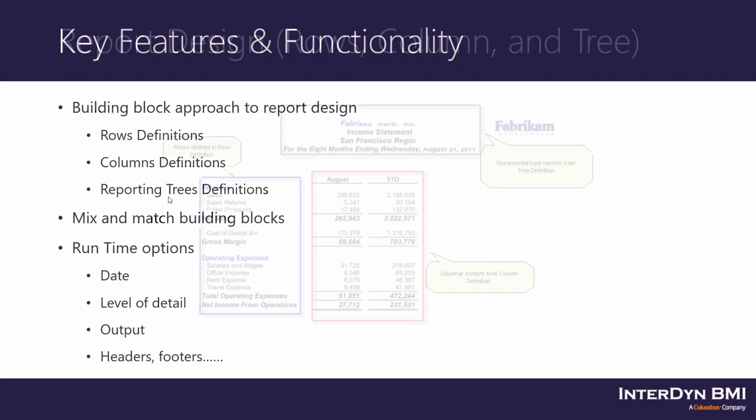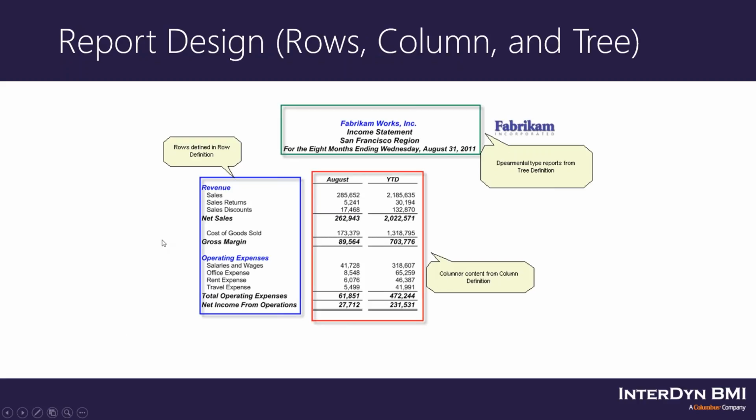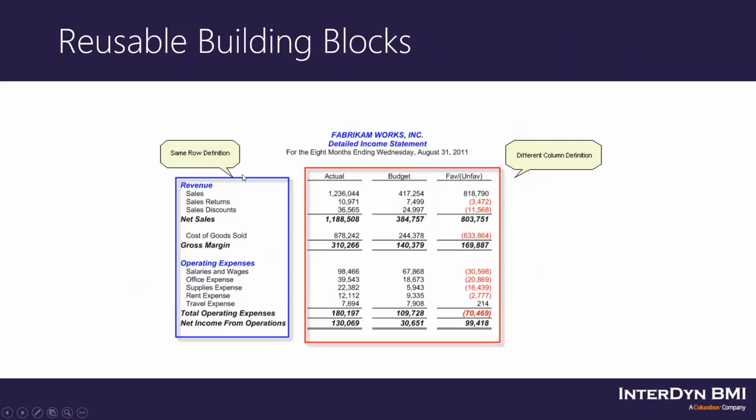Okay. So here's an example of a report design where you're creating your rows, and here your columns are going across. Okay, so you've got month of and year to date, and then if I want, I can take that exact same row and now I can create a different column that gives me budget versus actual with a variance.